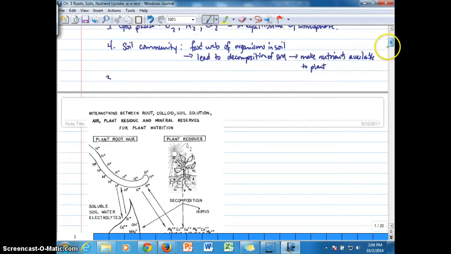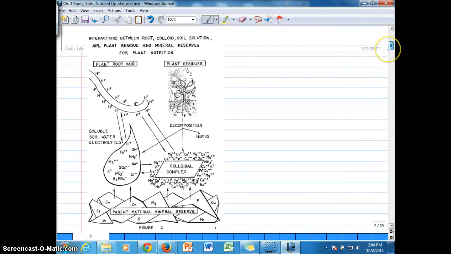All right. So that brings us to the next figure here, which shows us all kinds of interactions between the root, the plant itself, the shoot itself. As the shoot becomes organic matter, or the roots become organic matter, they decompose, bringing in nutrients. Weathering is another source of nutrients, basically chemical weathering, where ions are freed from the parent material.